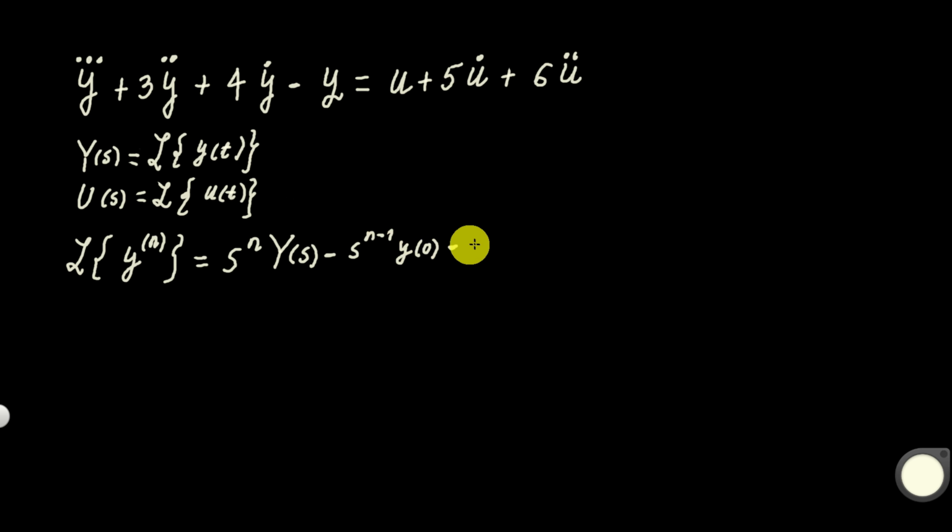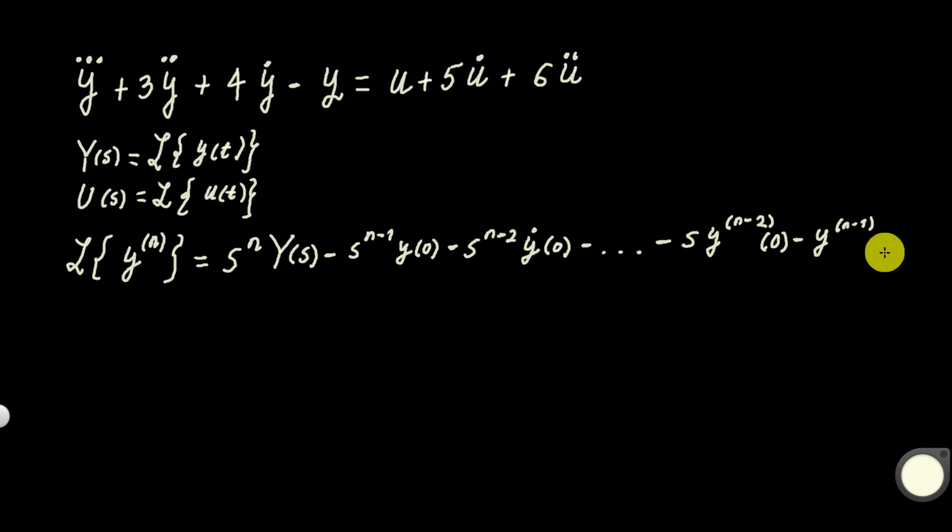Then we have a train that looks like this. Minus s to the n minus 2 times the Y first derivative at 0, that is the initial condition for velocity. Then we go further, minus s times the Y n minus 2 derivative of the time domain signal at 0, and then finally we have minus Y to the power n minus 1, where this is the n minus 1th derivative evaluated at 0.